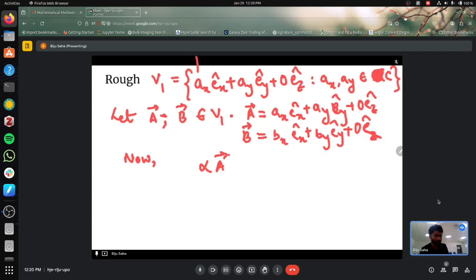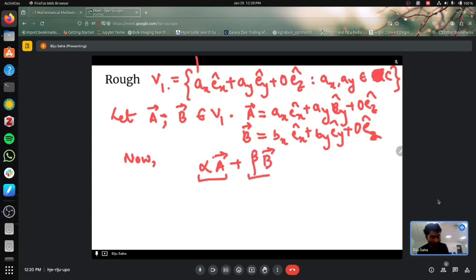I can actually combine the first two rules. If this belongs to the same subset as V1, then I would say that it is closed under multiplication with a scalar. Similarly, B also has to satisfy this.